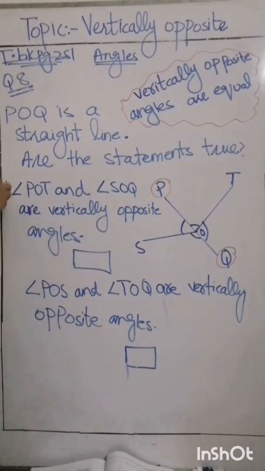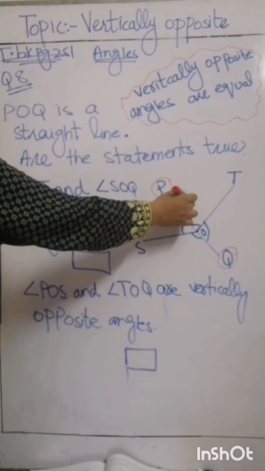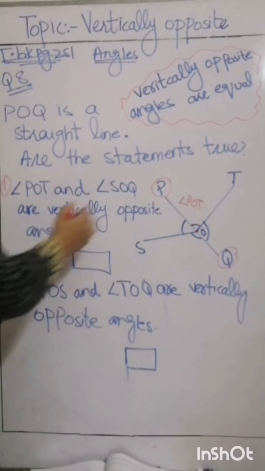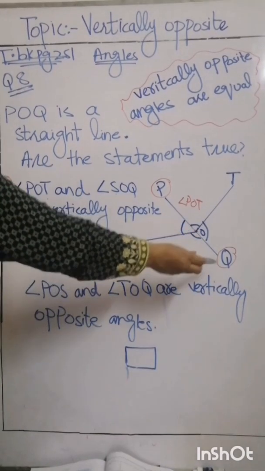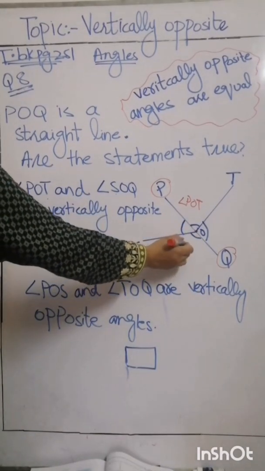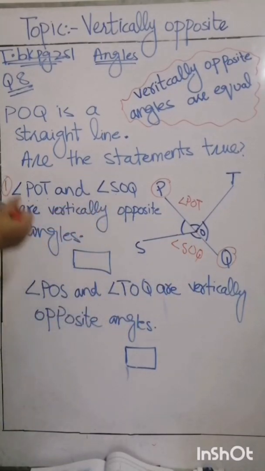The first statement is: angle POT and angle SOQ are vertically opposite angles?